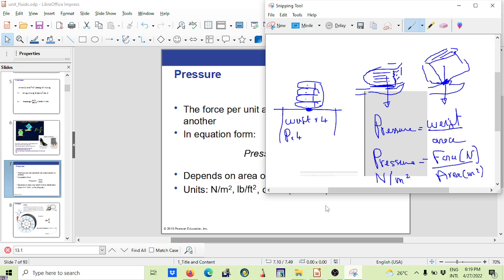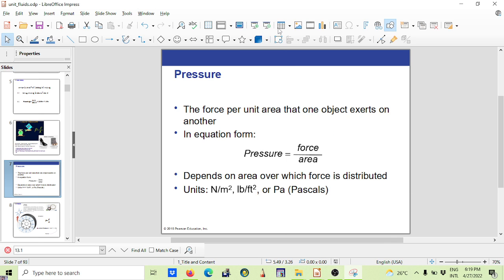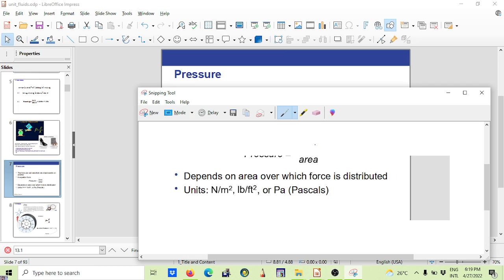So just to give you an example here, the atmosphere, I told you, we live in the ocean of atmosphere, so you have all this air pushing on us, pushing everywhere.